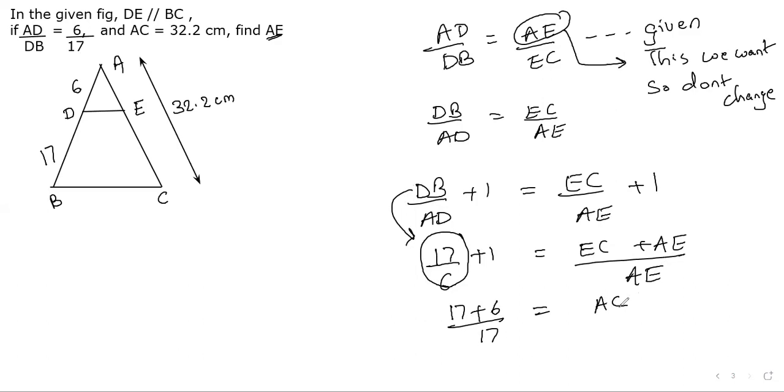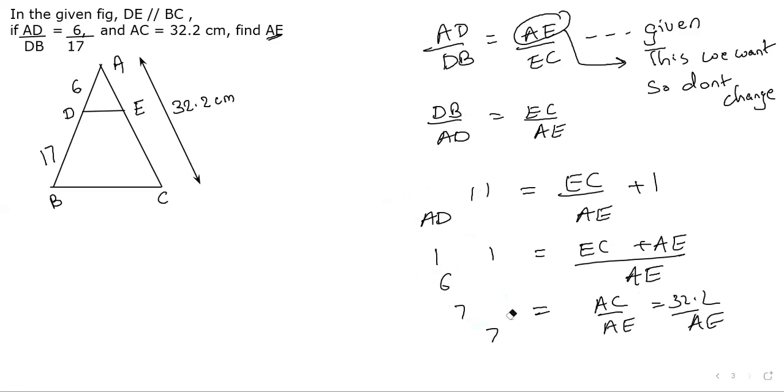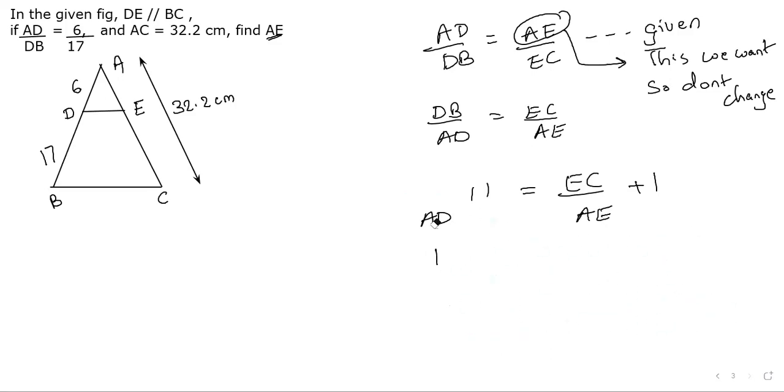And it ultimately becomes AC upon AE. And our AC is 32.2 upon AE. And now I can find out AE. Yes or no? So here itself, I could have put the values. Are you understanding what I'm trying to say in all these things, children? Understanding this part is very important.